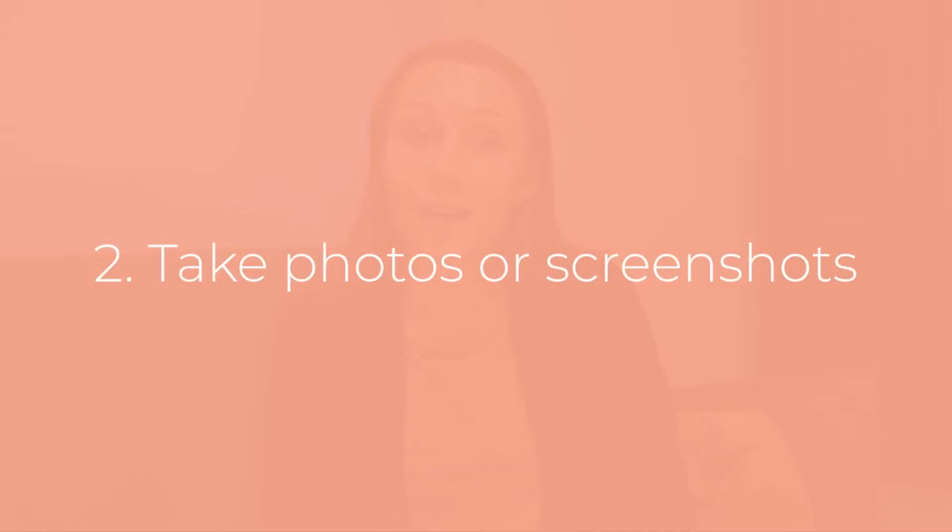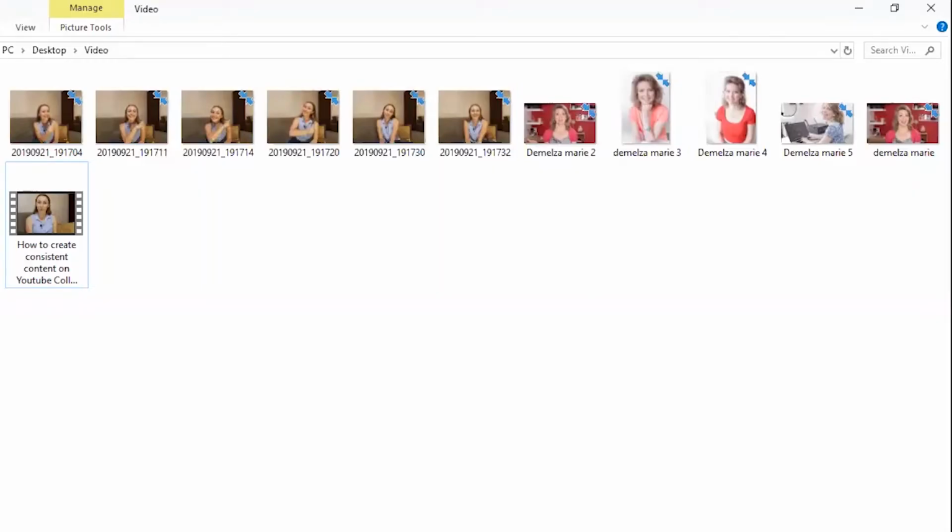Secondly, collect some photos or screenshots that you can use in your thumbnail. So in order to collect some photos that you can use in your thumbnail, you can use either pictures that you take while you're filming your video, or you can take print screens from the video itself.